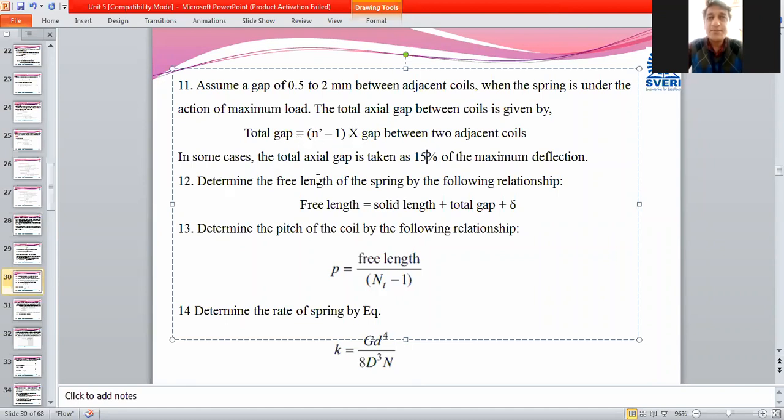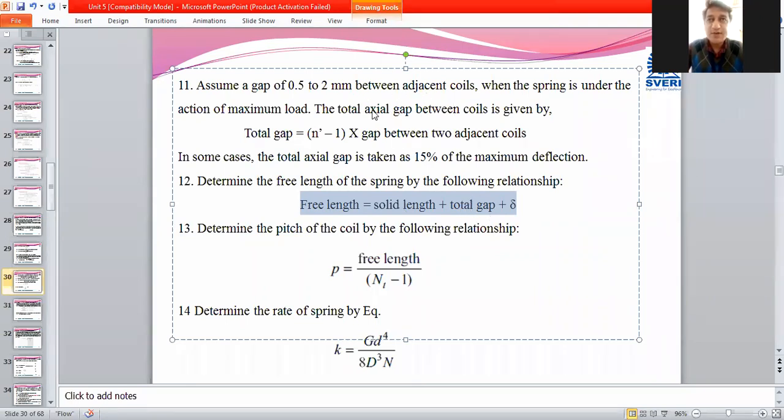Then we have to determine the free length of the spring by the relationship stated here. Free length is equal to solid length plus total gap.